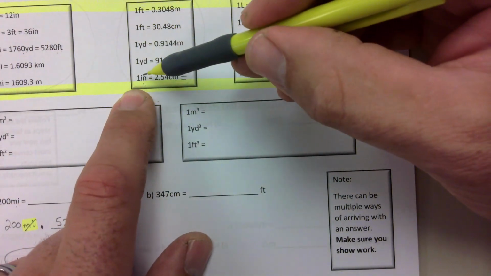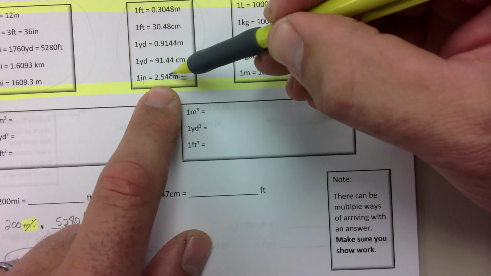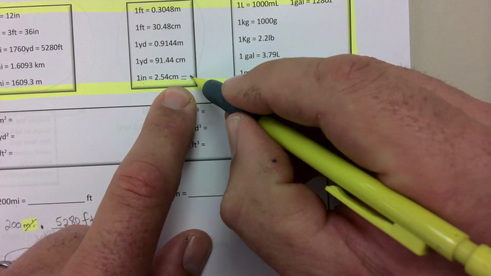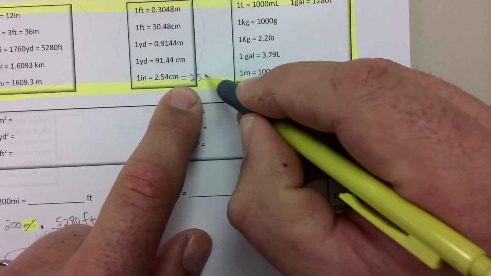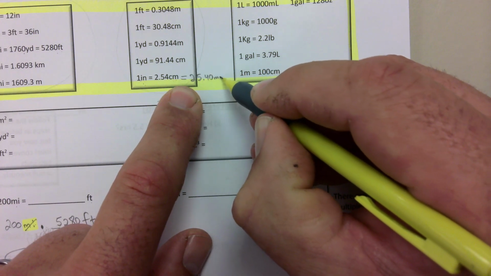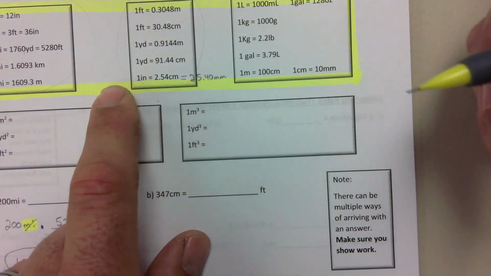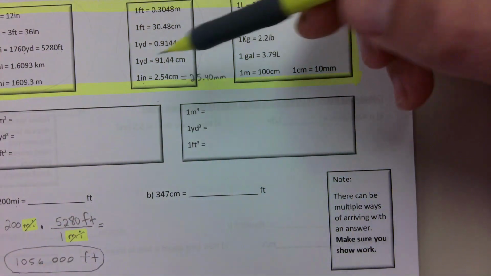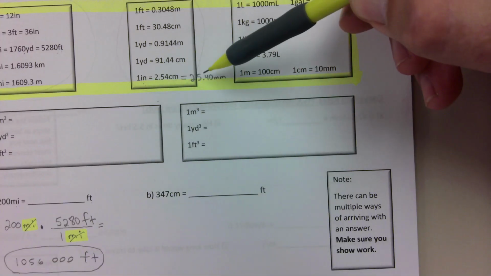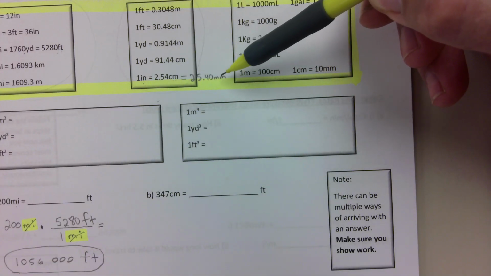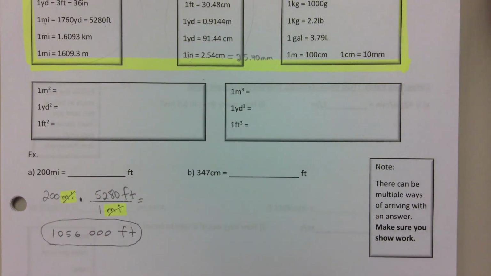I got to get used to this new setup. 1 inch has this many centimeters, but also has 25.40 millimeters. Okay? That would have saved us all that extra work if we could have just used that 1 inch has 25.40 millimeters. That would have made it a lot easier for us. So sometimes I will add a few things here and there.